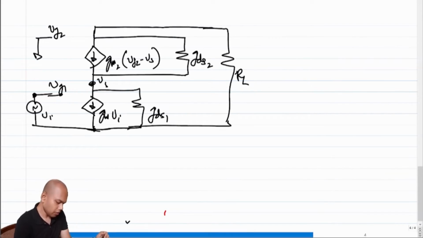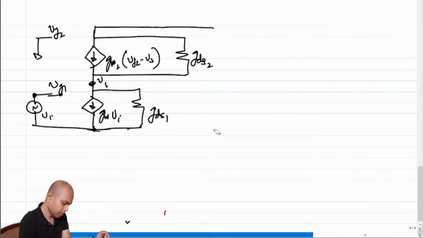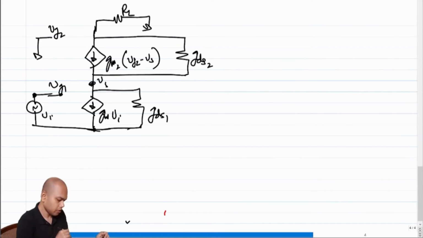Okay, so now let's replace this stuff with a MOSFET, so let me put the RL on top so that I can save some space here, right? So let me put the RL here. Okay, so now what is the basic thing we need to do?